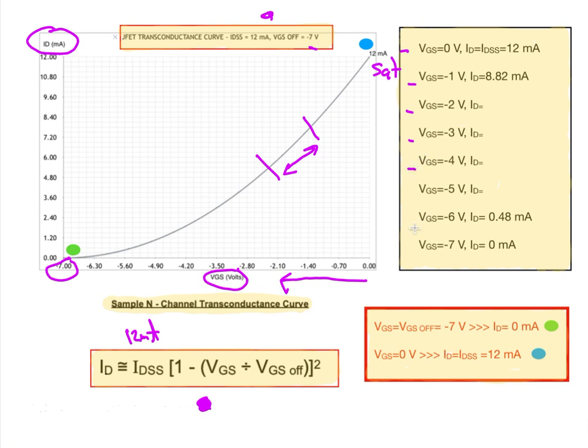And the more points you do, the better, but I found that sufficient. And the VGS off is the -7. So just keep changing that number, and then you can fill these in, boom, and then you can plot that curve.